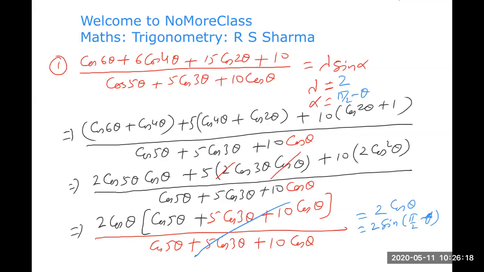So lambda is equal to 2 and alpha is equal to pi by 2 minus theta. So this small mistake was there in the question. So is this clear to everybody now? Yes, sir.